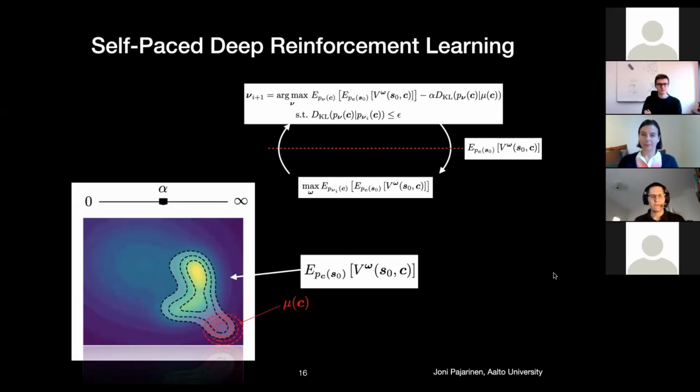When this alpha parameter starts from 0, it gives a very easy context distribution. But then when we grow alpha, it transitions into the red context distribution, giving us the desired task in the end.